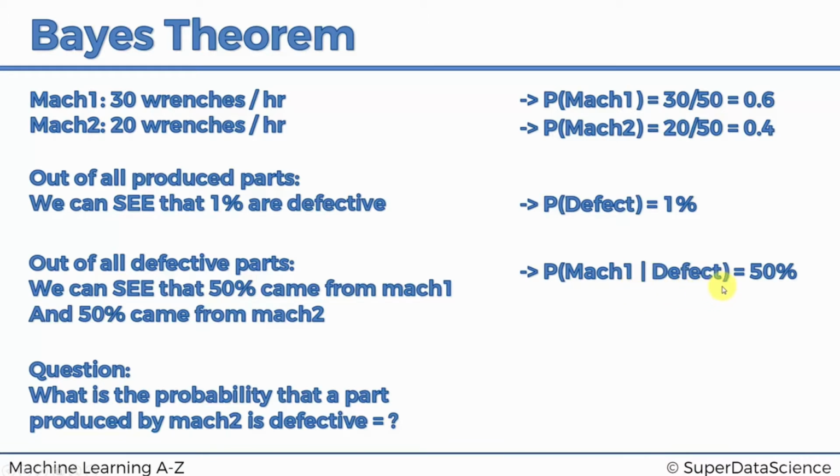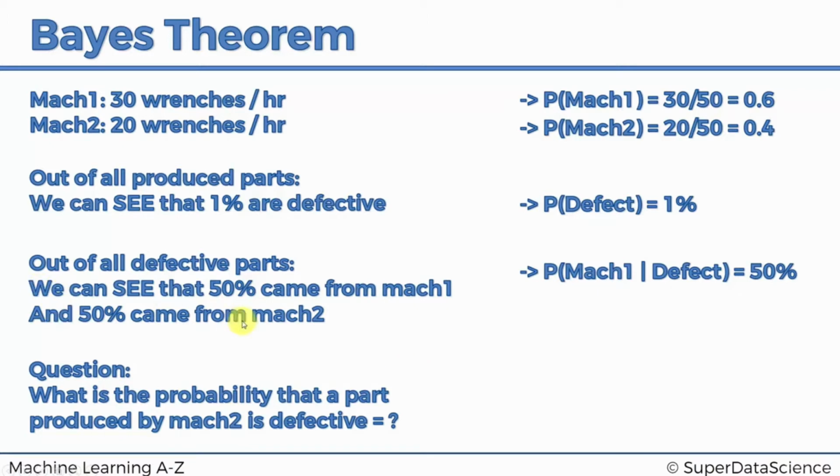So you know a priori that that part is defective because you're picking it out of the defective pile. What is the probability of that part coming from machine 1? Well, it's 50%. And that is the mathematical transcription of this sentence: we can see that 50% of defective parts came from machine 1.